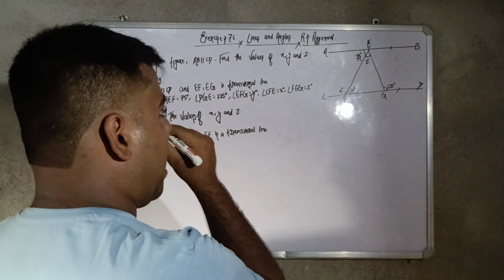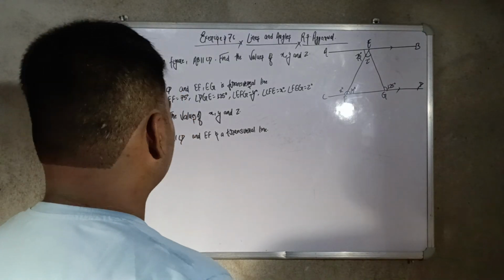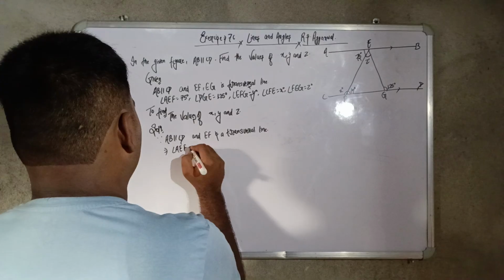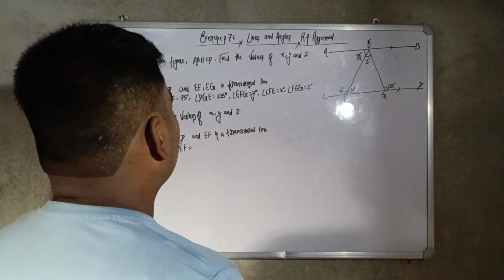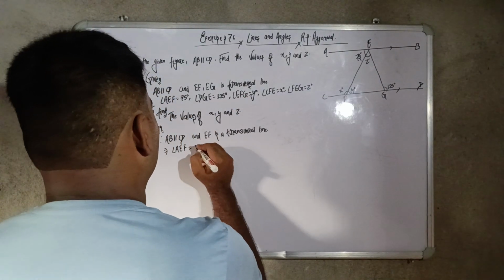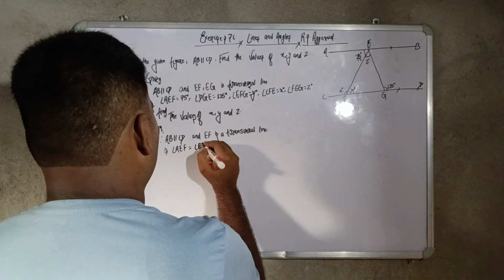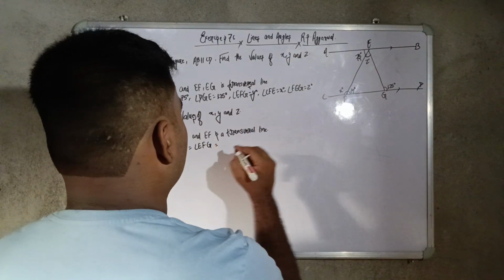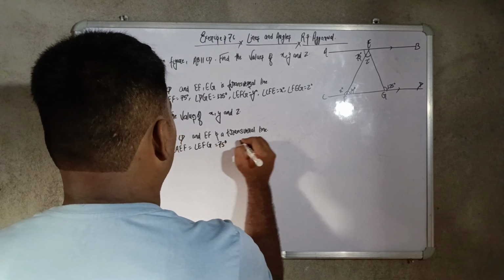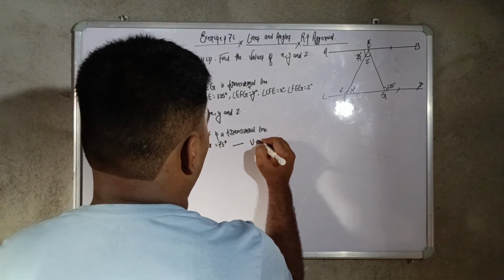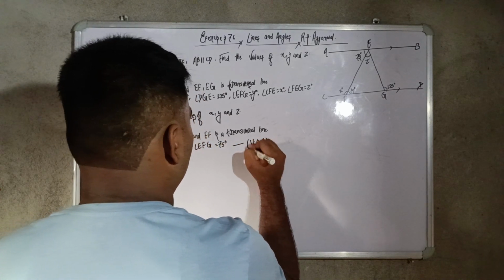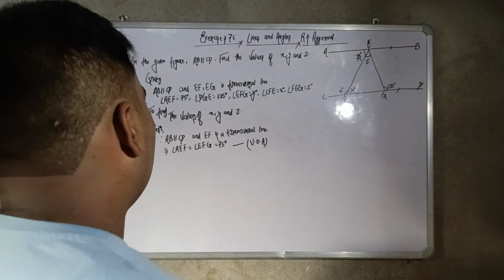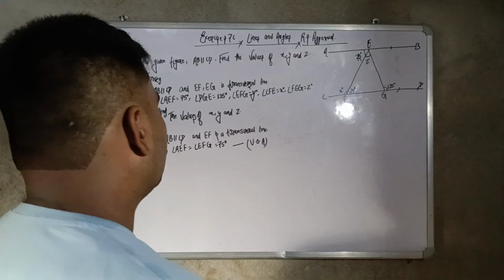Angle AEF equals y, where angle EFG equals 75 degree, because with the help of vertically opposite angles, the value of y is 75 degree.